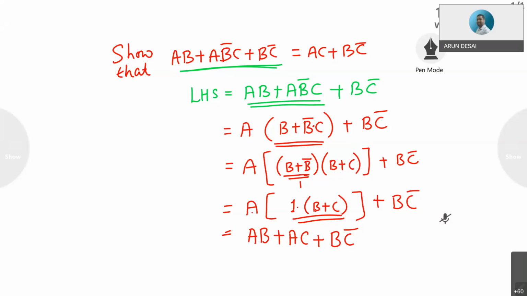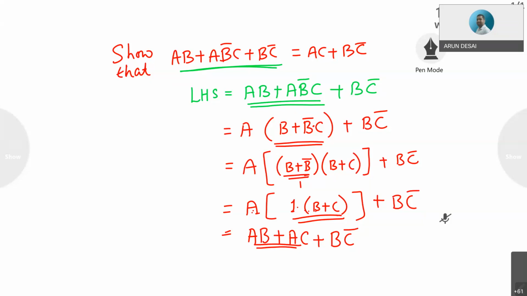Okay. Now, what do we need to do next? Next step. Anything common? You cannot take A as common from this since we are actually multiplying the things. Now, what is the next step?